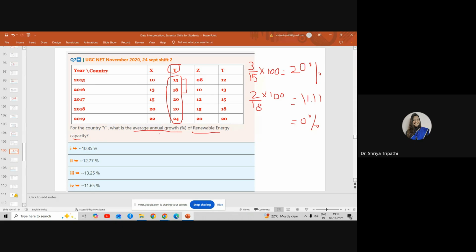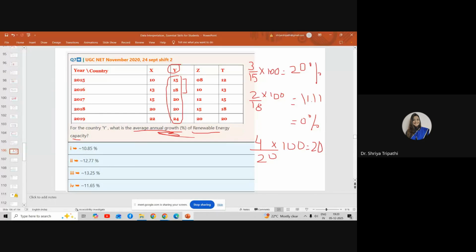Same increase, decrease will have the same thing. 18 minus 15, 3; 20 minus 18, 2 by initial year; 20 minus 20, 0; and last, 24 minus 20, we will have 4 by 20, into 100, which will again come 20 only.